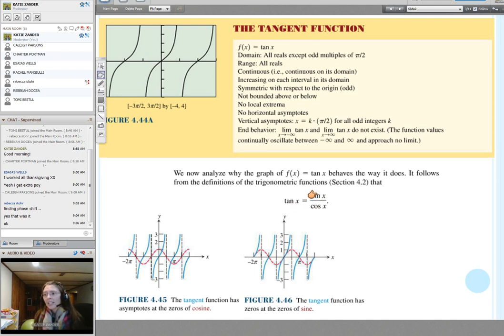This is not a continuous wave like sine and cosine were. Because you now have a fraction, you're going to have some problematic areas because you know the denominator of a fraction cannot equal 0. So wherever cosine of x does equal 0, you're going to have what we call a vertical asymptote appearing at that spot.